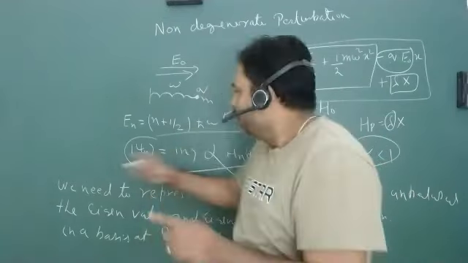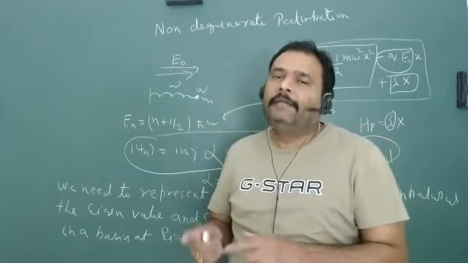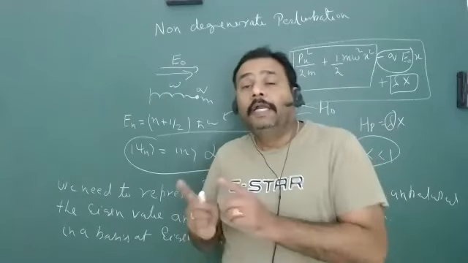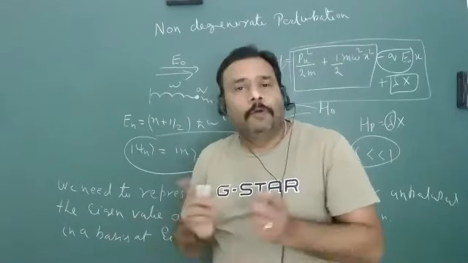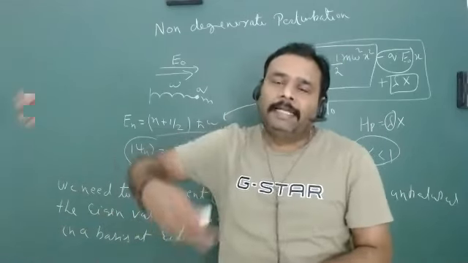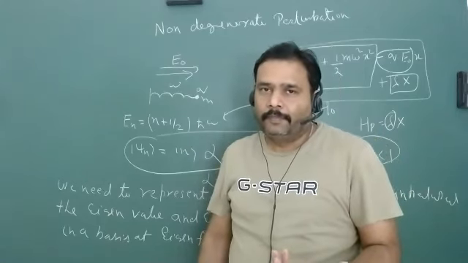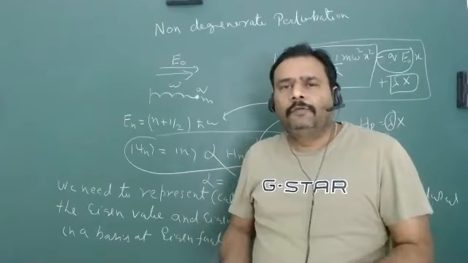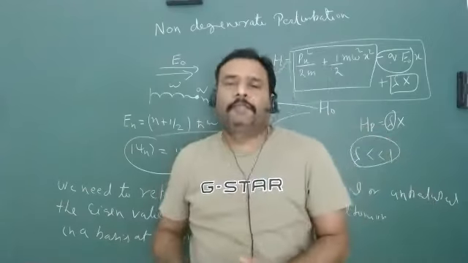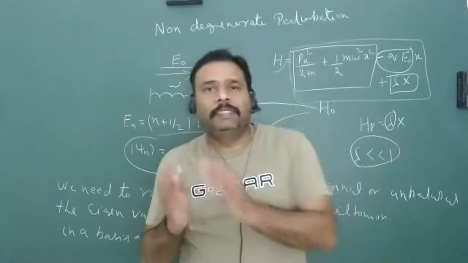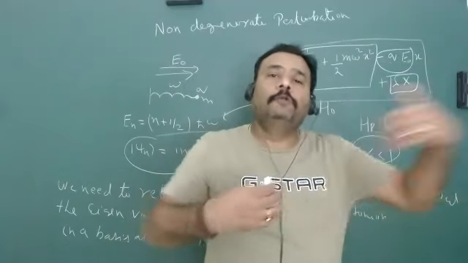Because what is the idea? The idea is that we need to represent the eigenfunction and calculate the eigenvalue in a basis of the original Hamiltonian. So this is the indirectly known thing of the original Hamiltonian. So what we need to do, using the concept or the result of the original Hamiltonian, we will calculate the result due to the perturbed Hamiltonian.